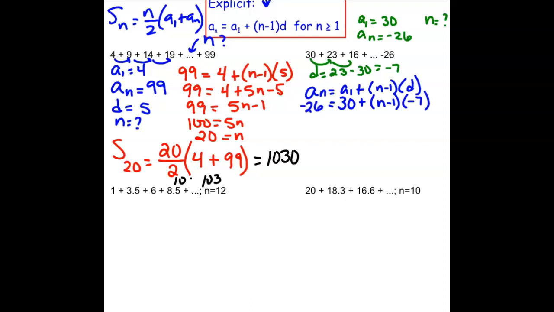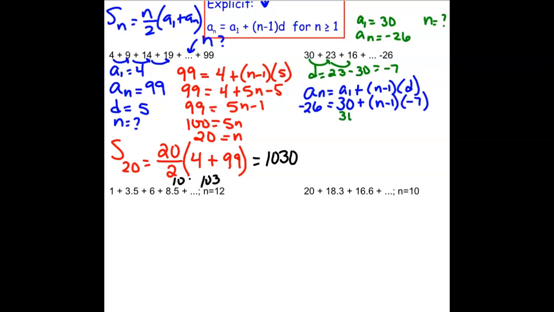All right, distributing on the right side here. We get negative 7n plus 7, which would be 37 minus 7n. If we subtract 37 over to this side, we have negative 7n equals negative 63. So that means n would have to be 9.